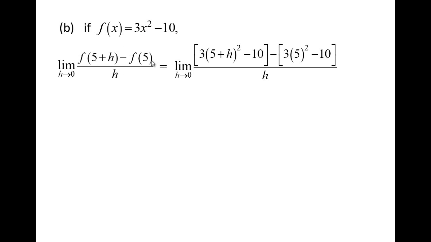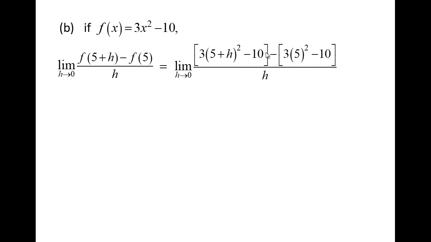Well, now I have to plug in f of 5 plus h and f of 5. Well, what is f of 5 plus h? Well, it will be 3 times the square of the input 5 plus h minus 10. Minus f of 5 would be 3 times the input 5 squared minus 10.